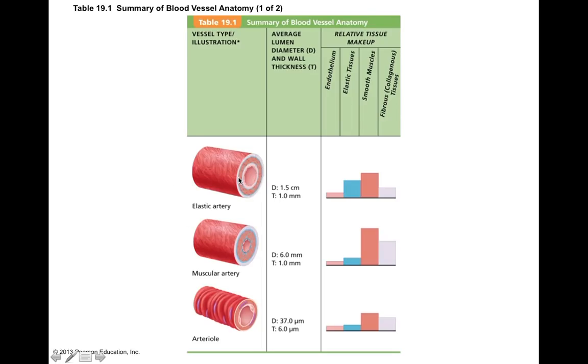And elastic arteries, as the name implies, have some elasticity to them, right? So what happens is when your heart contracts and you're in systole and blood's being forced out of the heart into the aorta, the aorta can stretch and accommodate that blood. Then when the heart relaxes, that elastic artery can slowly relax back down to a resting shape, right?